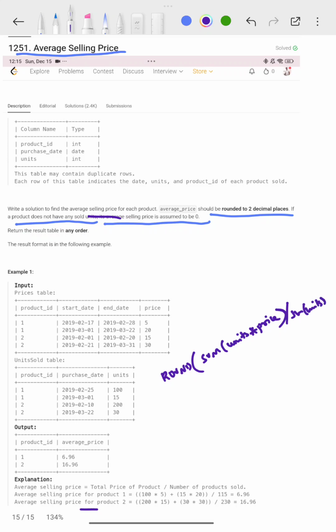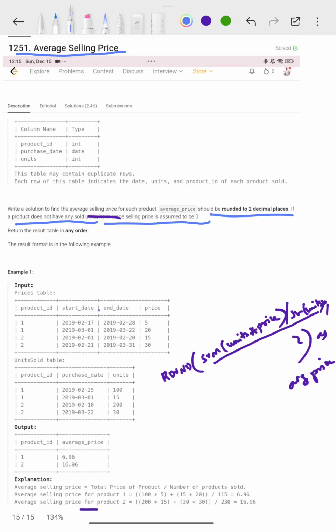This is your logic. You need to round off to two decimals, so you close this entire logic, put the sum of units, comma, to close the round function. You write it as average price.